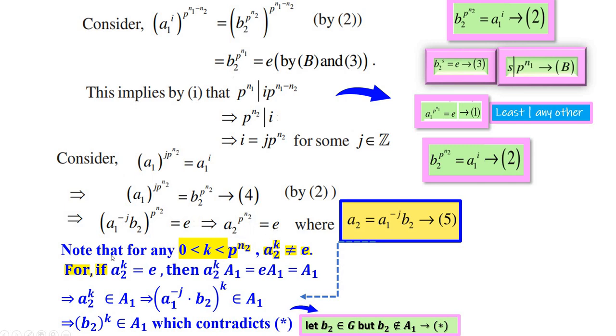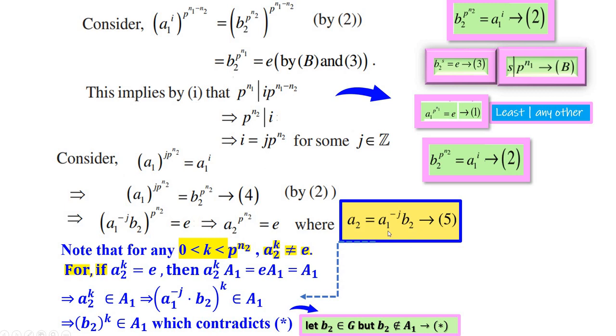So here we notice one thing, that for an integer less than p^n2, say that integer is k, we cannot have a2 raised to k to be e. Suppose a2^k is e with k less than p^n2, then a2^k A1, because this is e, you have that to be equal to A1. Now xH is equal to H if and only if x belongs to H. Using that result we have a2^k belonging to A1.